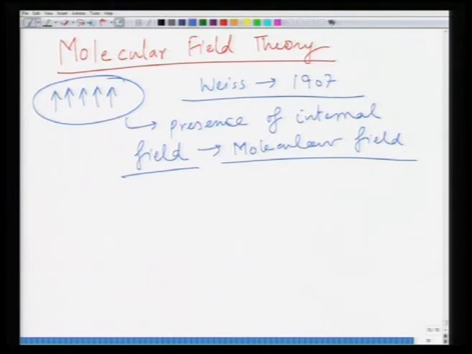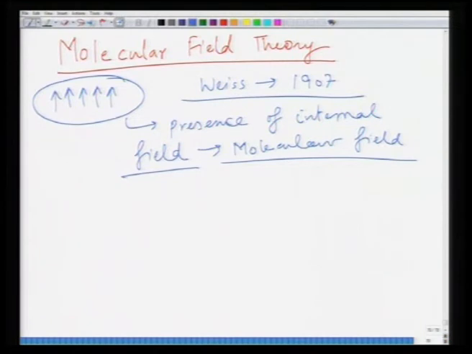And just like we saw in dielectric materials, just before the Clausius-Mossotti relationship, you had an internal field. So, on the same lines, a molecular field was conceived, and this field was thought to promote this alignment of spins in one direction, giving rise to a ferromagnetic interaction. And so, this molecular field or internal field is called the Weiss molecular field, and this is denoted as HW.